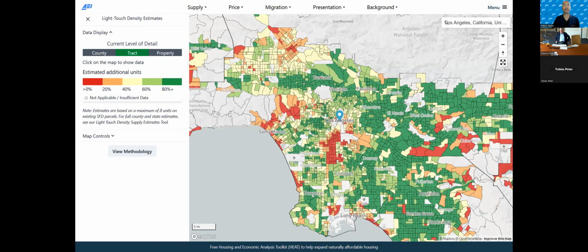Seattle is a place that's similar to LA in terms of very high home prices, very high construction costs, and high land prices. On the other hand, Houston is a bit at another end of the spectrum. Lower home prices, lower land costs, and lower construction costs.